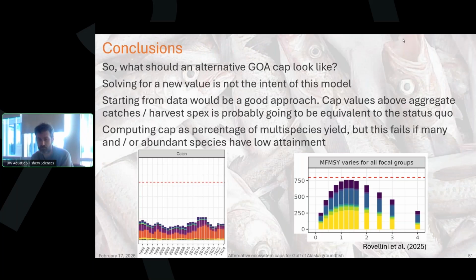And that's really half of what happens, in my opinion, in the real world cap, is that you have a lot of these low attainment species that were included in the original calculation of the cap, but then they're not pursued. So you're not really constrained in a practical sense, as opposed to the Bering Sea, where pollock alone, like you said, is most of the cap value.